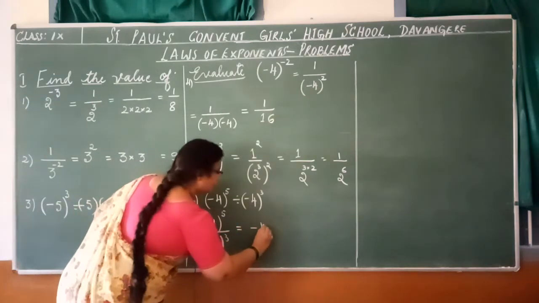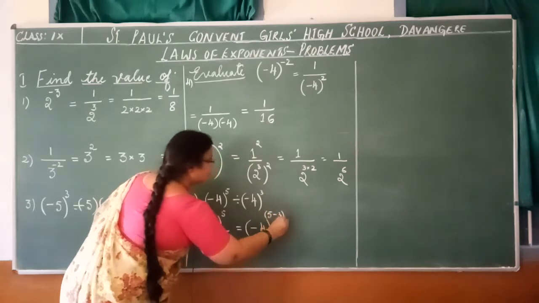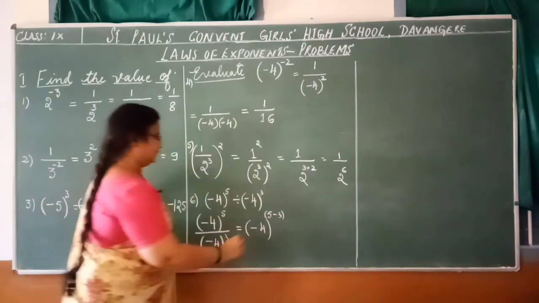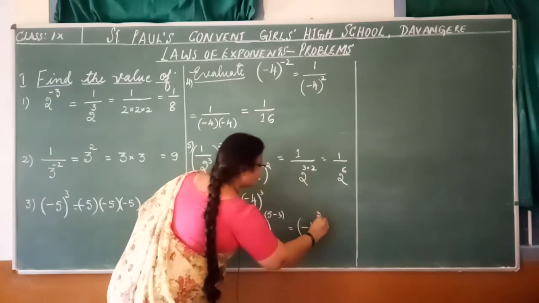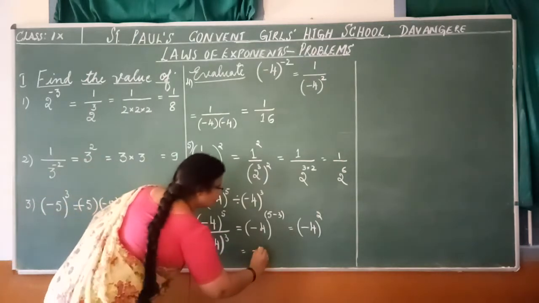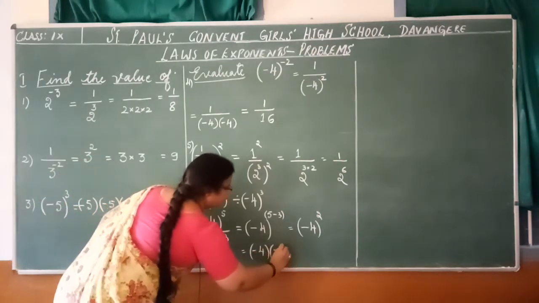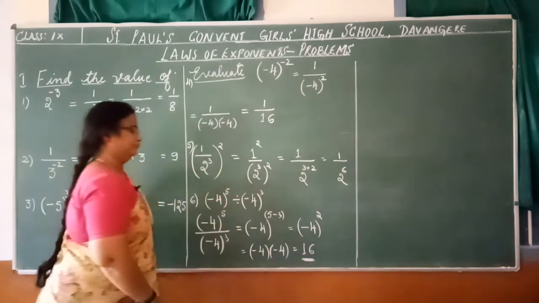So minus 4 whole to the power of 5 minus 3. We have to subtract the indices. That is equal to minus 4 whole to the power of 5 minus 3, which is 2. So minus 4 whole square is minus 4 into minus 4, which is equal to positive 16.